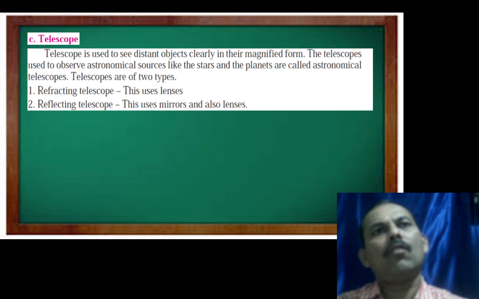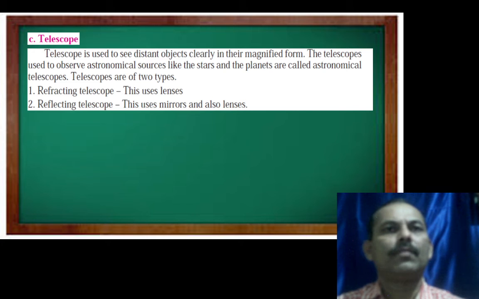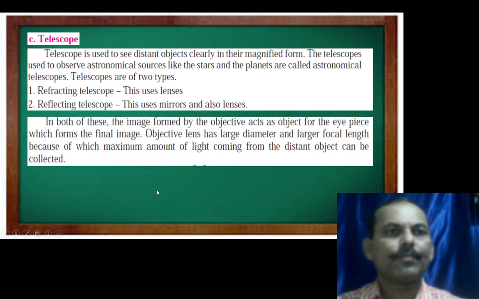Telescopes are of two types, that is refracting telescope and reflecting telescope. In a reflecting telescope, mirrors and also lenses are used, and in a refracting telescope only lenses are used.